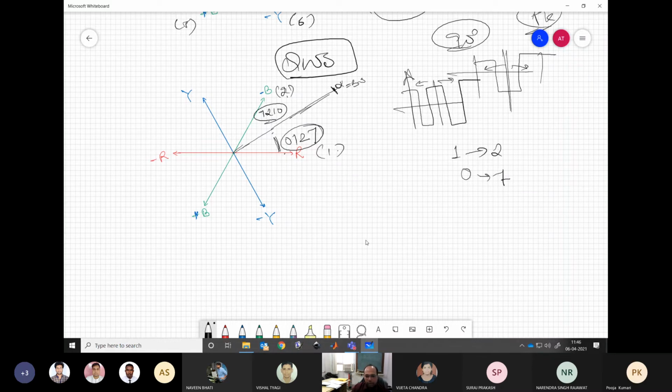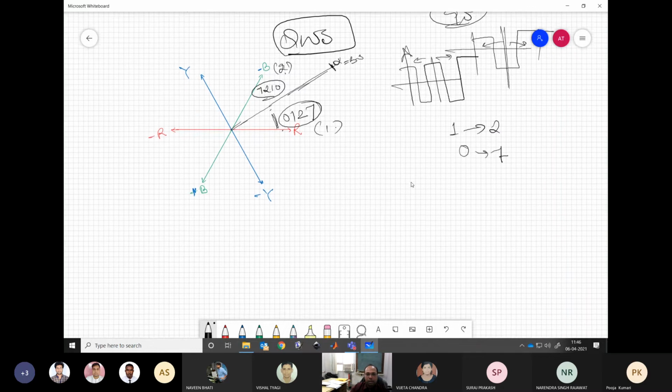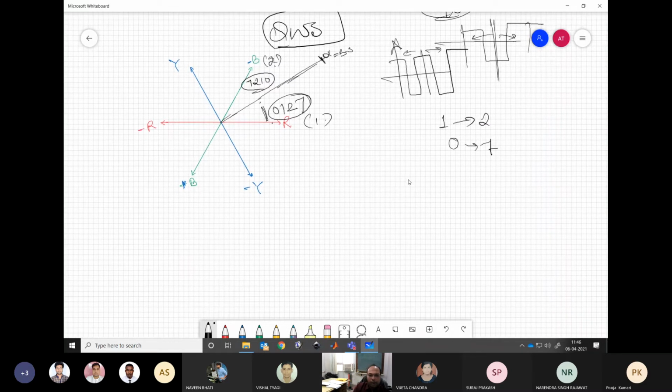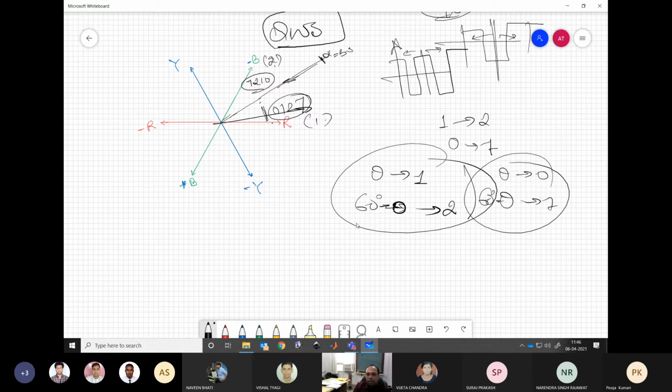Getting my point? So let us quickly verify. This is the condition for quarter wave symmetry. If you are applying 1 at theta, then at 60° minus theta, which is the reflective symmetry about this middle, it would be 2. If you have applied 0, at 60° minus theta, it would be 7. Getting my point?